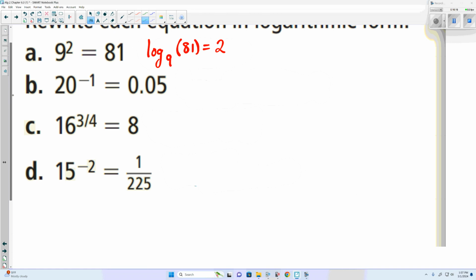B. Okay. Log, and then you got 20, and then your 0.05, and then your -5. Yep.